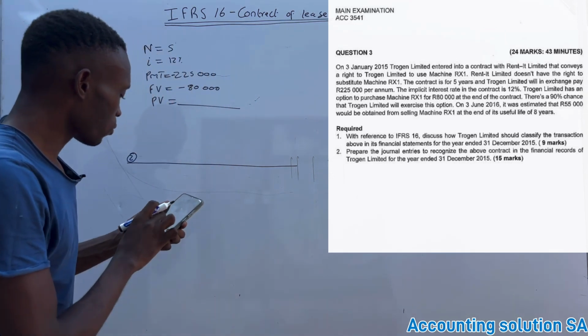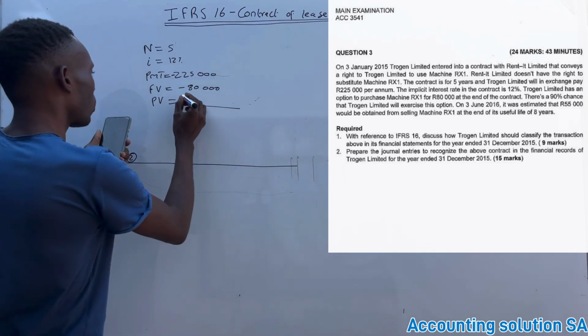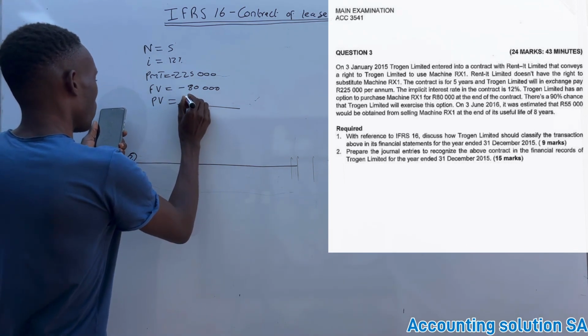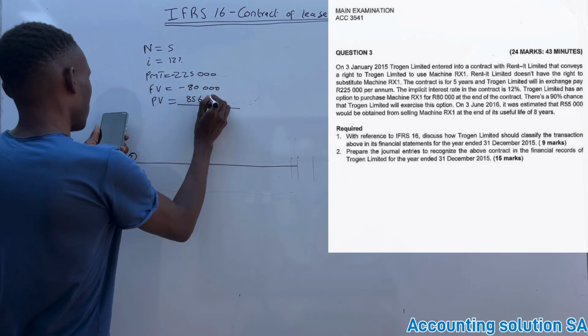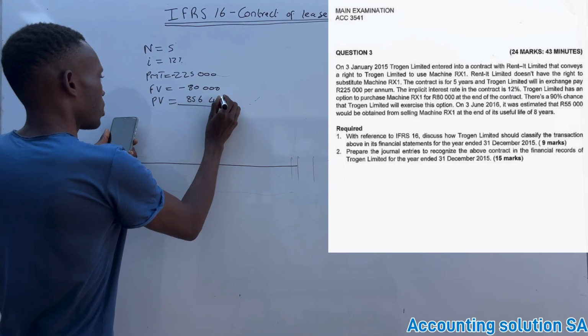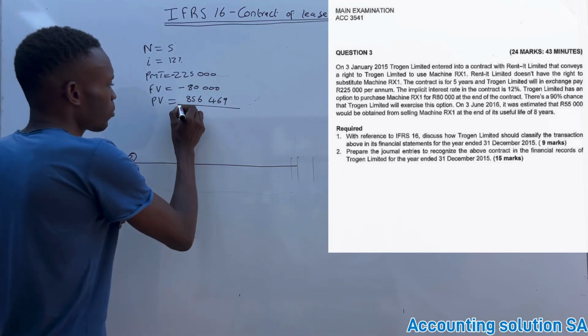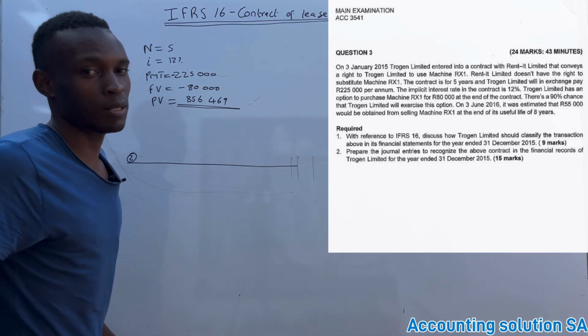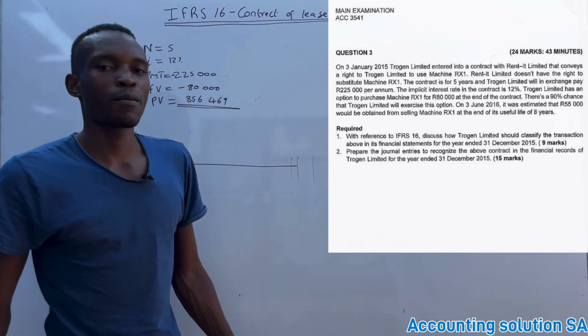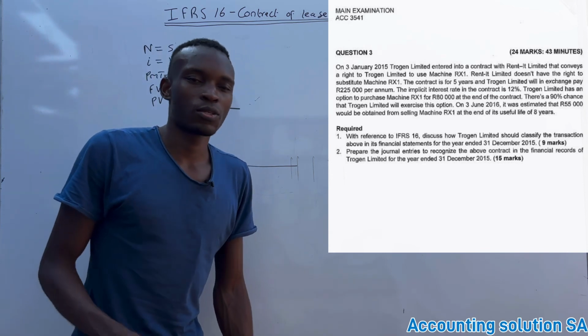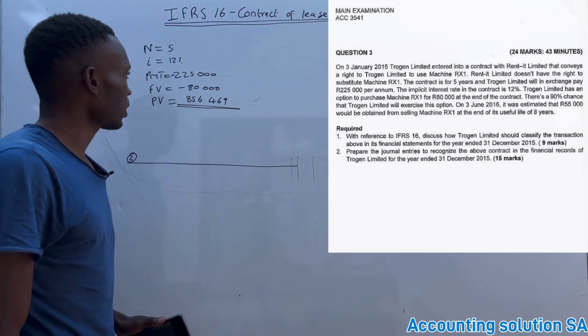Okay, if you do this calculation, guys, you are going to get a present value of 856,469. It's very simple if you are using a financial calculator, but some people prefer mathematical formulas. You can also do that as long as you get the same amount.